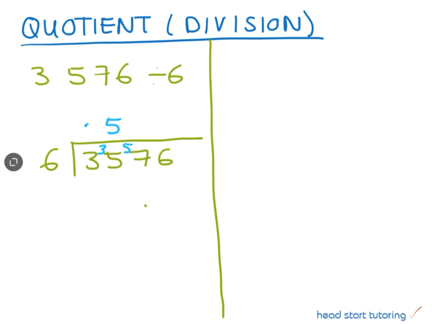Now we say 6 into 57 goes 9 times. 9 times 6 is 54, and the difference between 54 and 57 is 3. So 6 into 36 now goes 6 times perfectly, which means we don't have any remainders. So our answer would be 596.